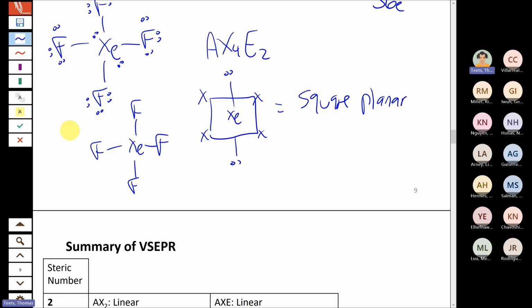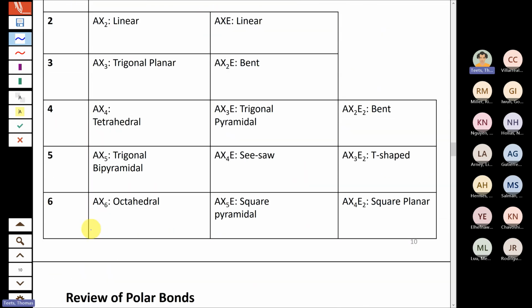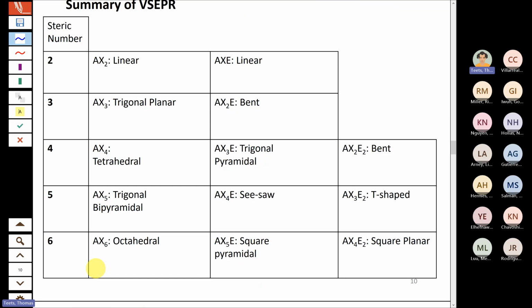All right, so what I have here to hopefully help you, again, I discourage memorization, but here's a table that summarizes all the different possibilities that we covered. So there's 5 electron group arrangements, steric number of 2, 3, 4, 5, or 6. That's the number of electron groups around the center atom. And when you have no lone pairs, then the electron group arrangement and the geometry have the same name. You start adding lone pairs and you get all these different possibilities.